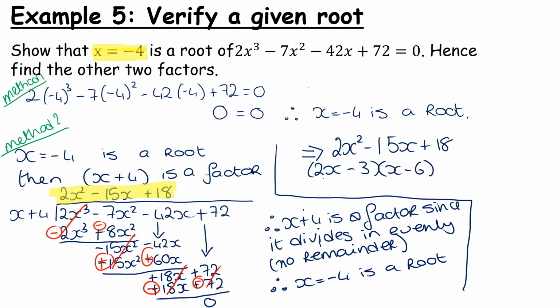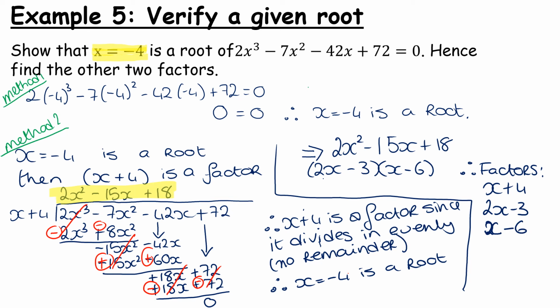So then, therefore, your factors are going to be, apologies, so sorry, your factors are going to be x plus 4, 2x minus 3, and x minus 6.